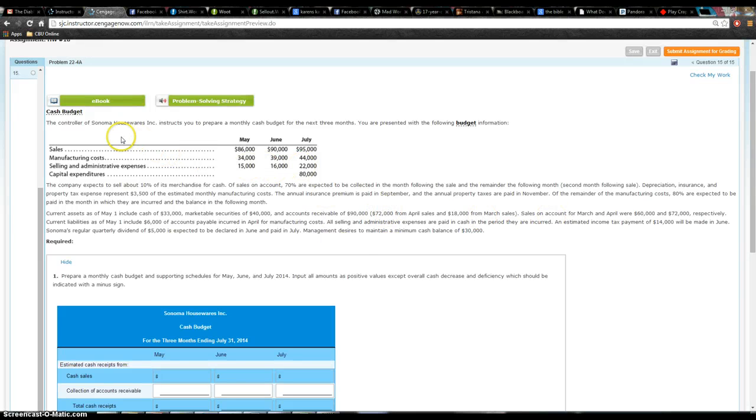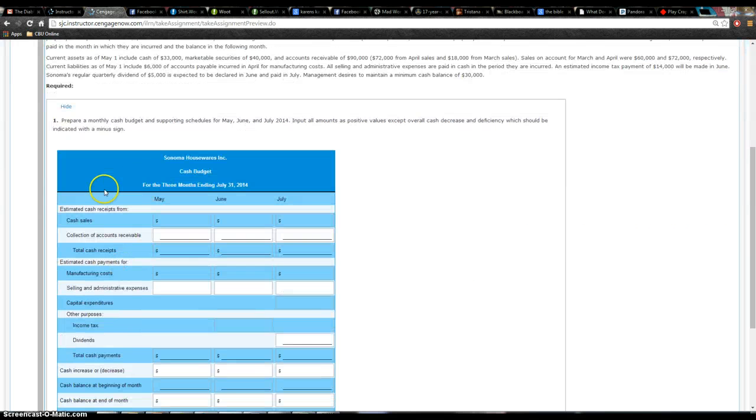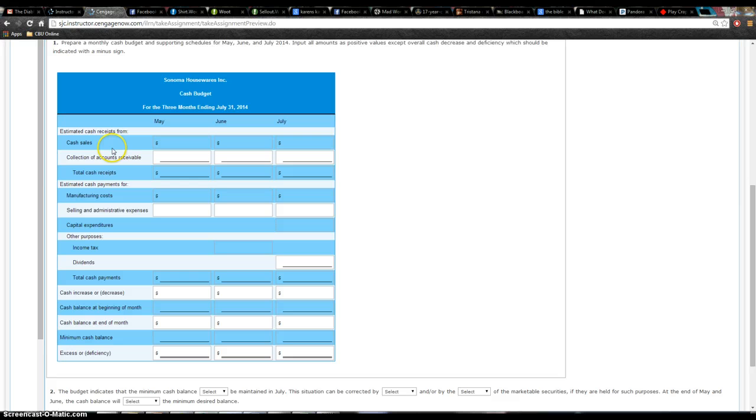So basically, this problem is asking us to create a cash budget. If we look at the inputs we need to give Cengage, it wants us to know estimated cash receipts from cash sales, collection of accounts receivable, total cash receipts would be those added, and then estimated cash payments for manufacturing costs, SG&A expenses, and capital expenditures, and then other purposes, income tax, dividends, which would give us total cash payments.